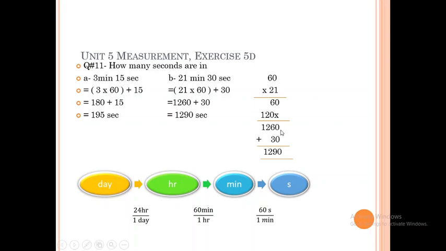These are the minutes. 21 minutes, you have changed them into seconds. These are 1260, but this is not the answer because 30 more seconds are also given there. So add these 30 in it and you will get 1290 seconds. This whole quantity, when you convert it into seconds, is 1290 seconds.